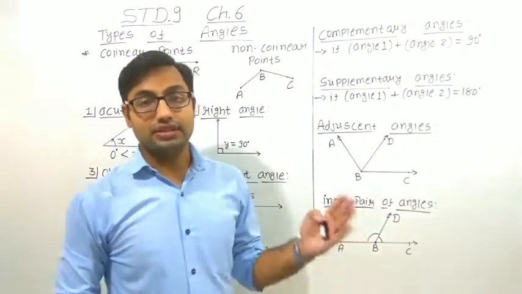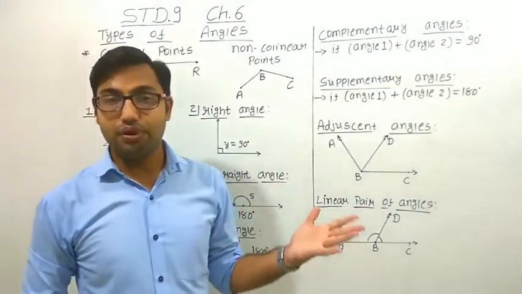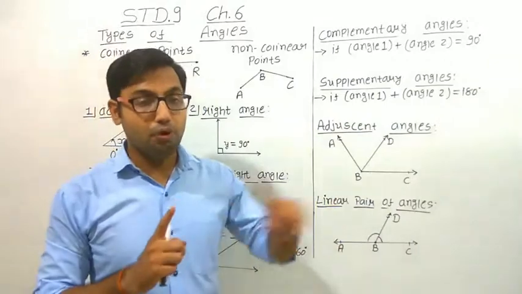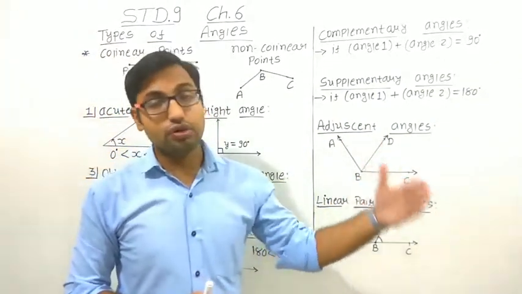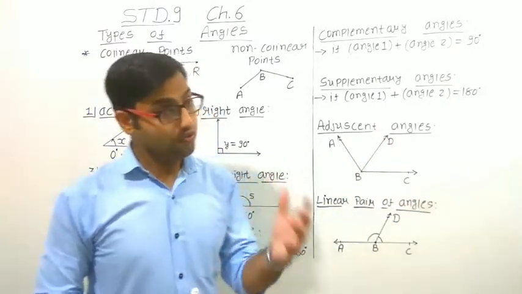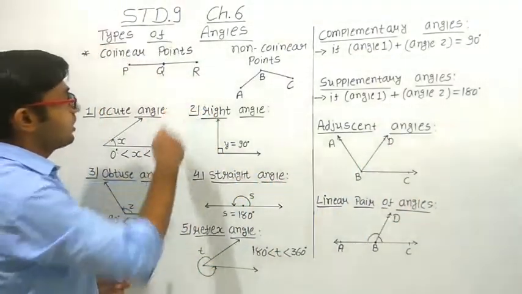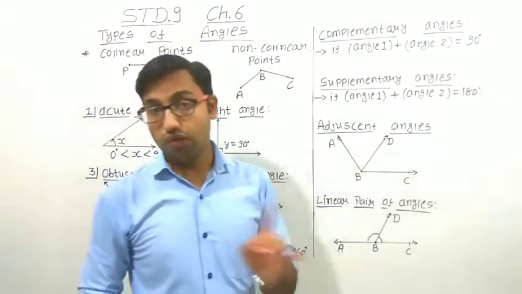This can be said for 4 points, 5 points, 6 points. If all the points are on the straight line, then all those points are called collinear points. So when 3 points are collinear, they cannot form an angle.